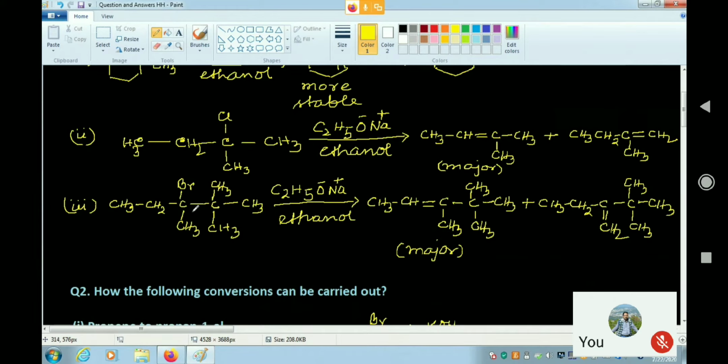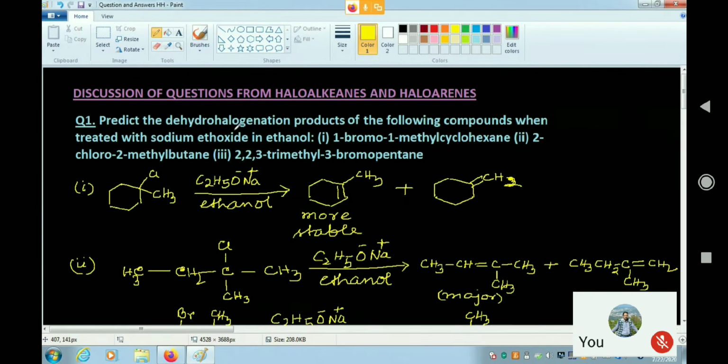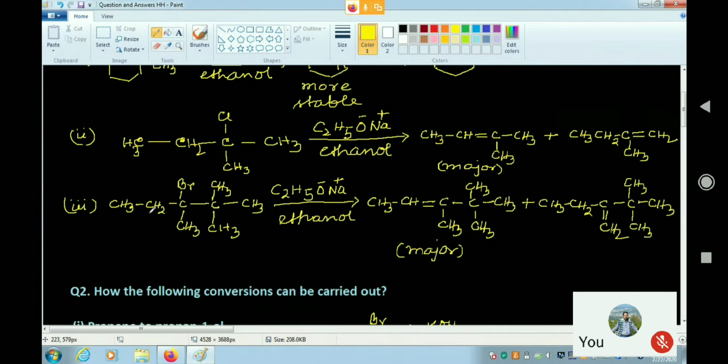Now the next one is 2,2,3-trimethyl-3-bromopentane. This is the structure of the substrate. When it is treated with alcoholic sodium ethoxide, the base, it can give these two alkenes. Among these, this one is the major product.